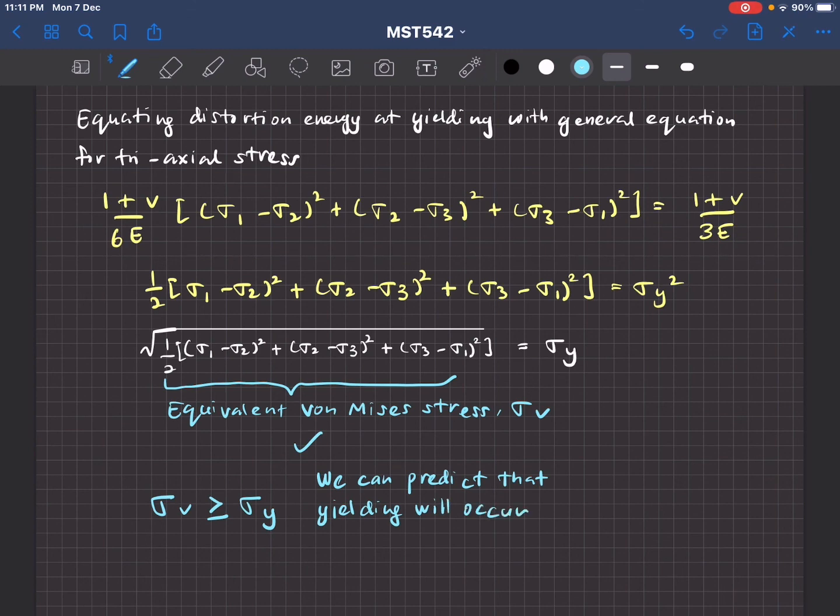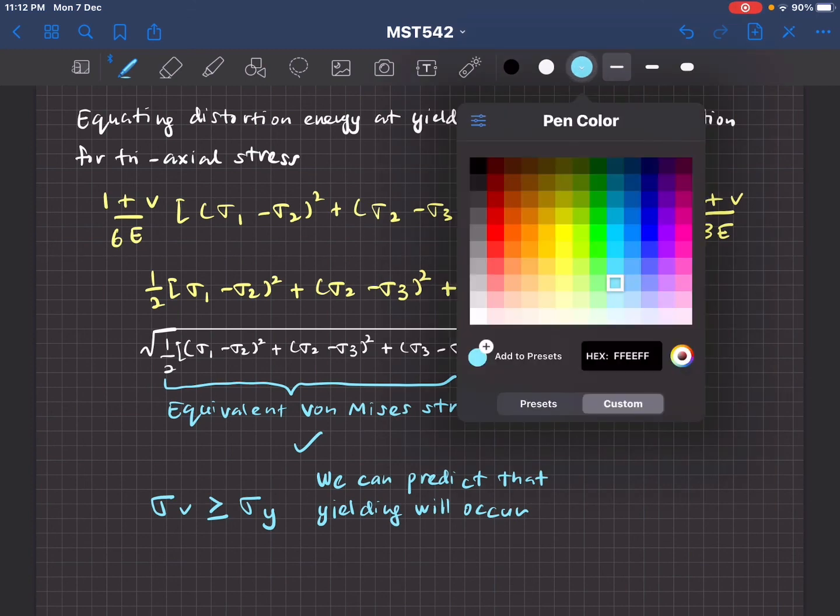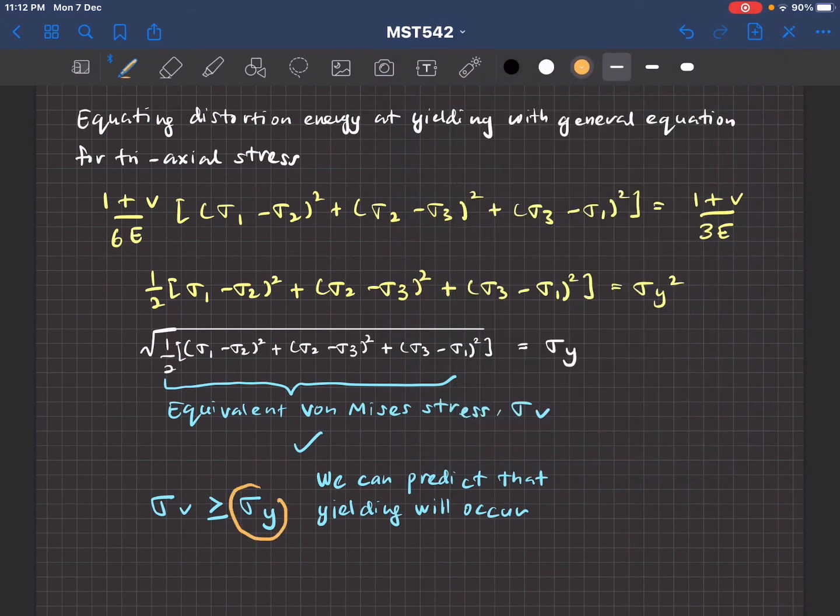So when the von Mises stress induced in the material is greater than the yield strength, then we can say that the material will fail.